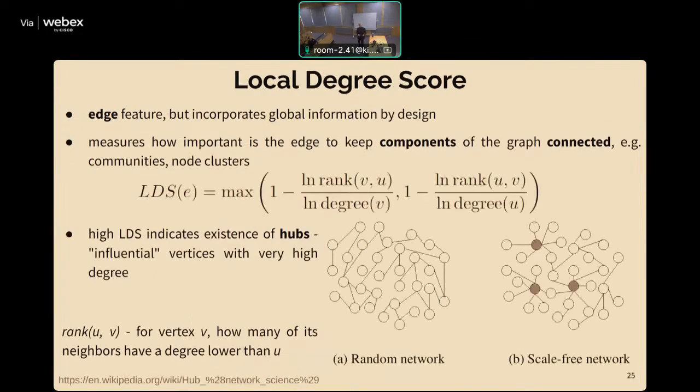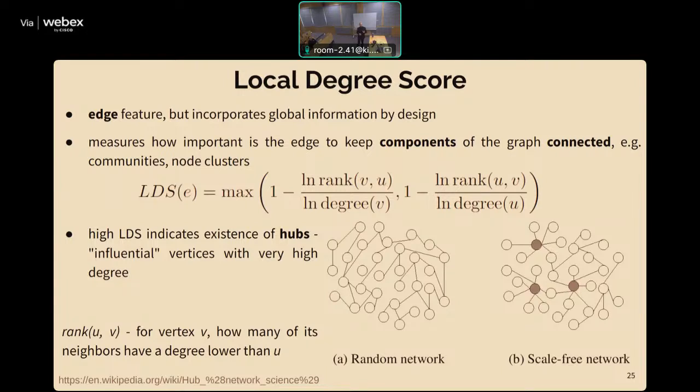And third one is the local degree score, which is a bit more complicated to understand. It's still cheap to compute. But the idea here is to, for each edge, provide information about global structure of communities in a graph, of nodes or node clusters.